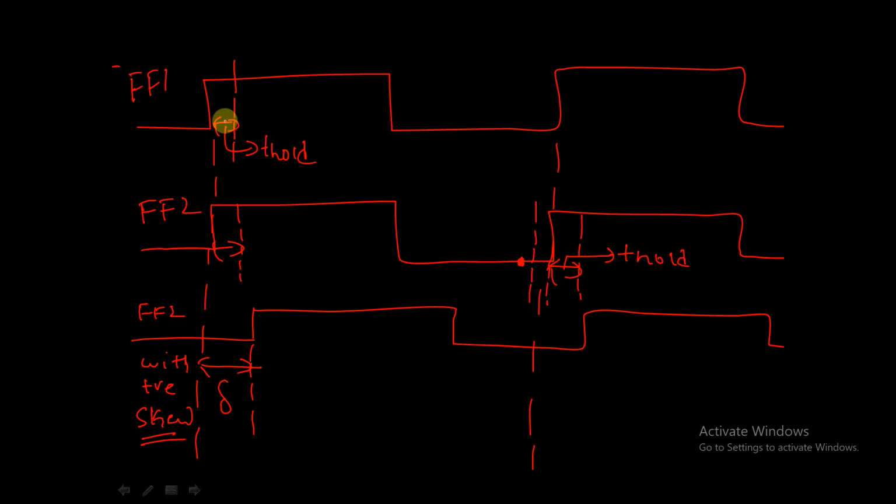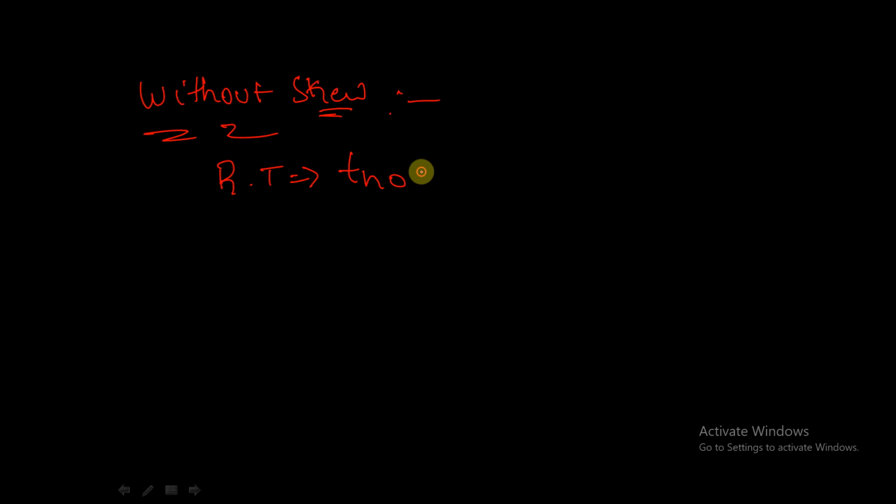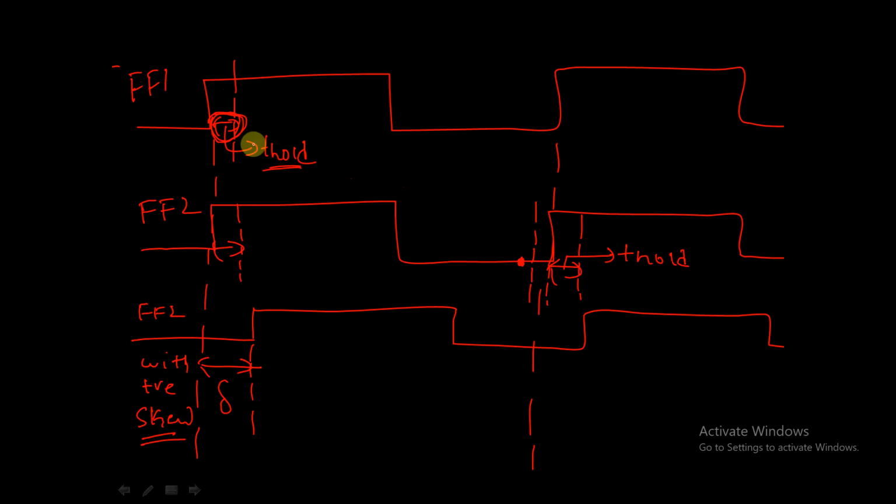For flip flop 1, the data which is given should be constant for a minimum amount of time. During this t hold it should be constant. So without skew, what is the requirement? The required time was t hold, the minimum amount of time the data should be constant.